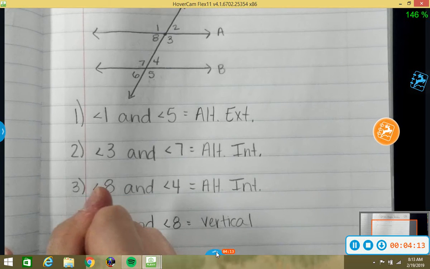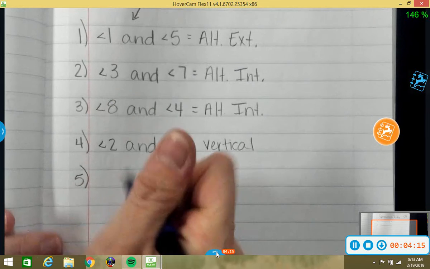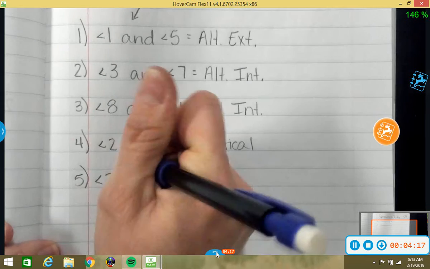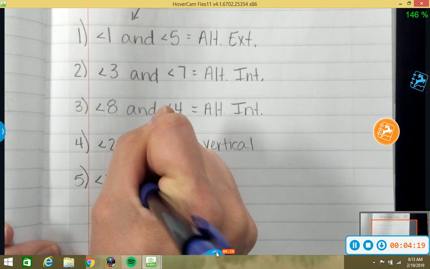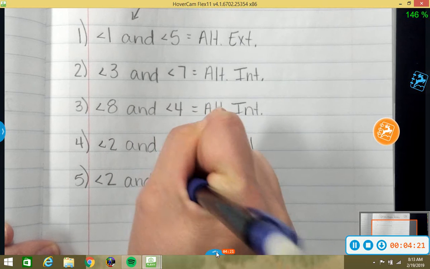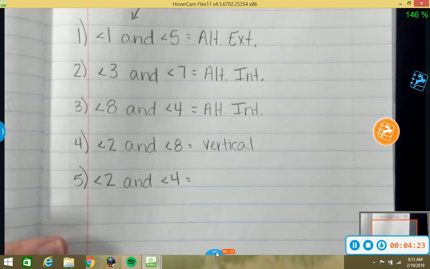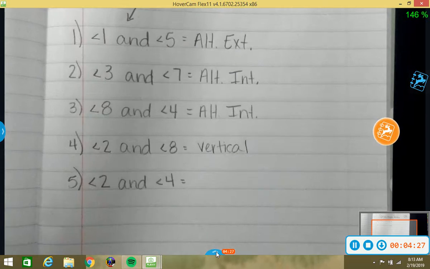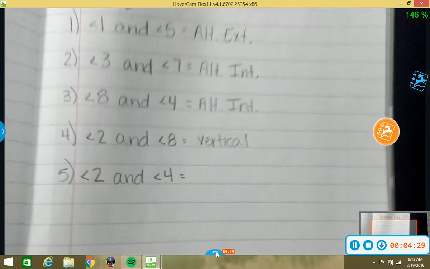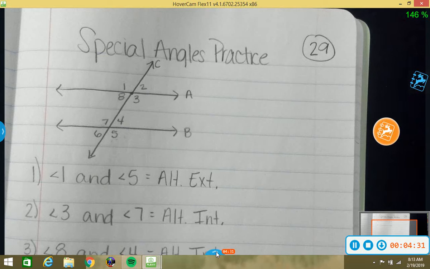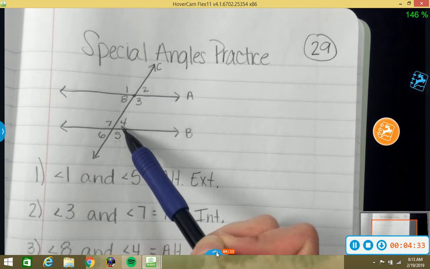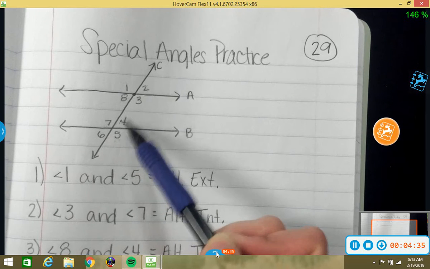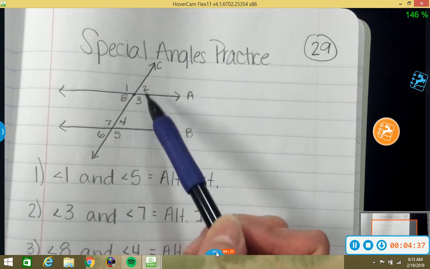Let's do, I'm going to go down here for a second, angle 2 and angle 4. Okay, don't yell it out, just write this one down. Angle 2 and angle 4. Are these on opposite sides?